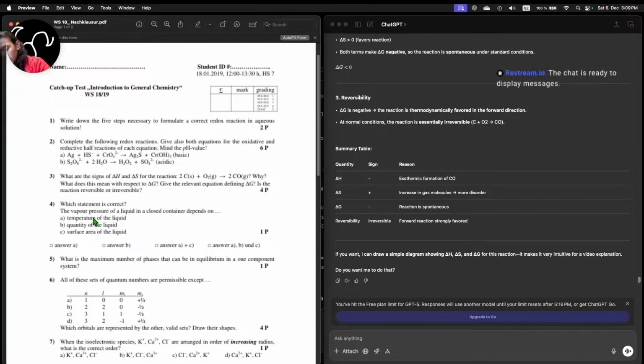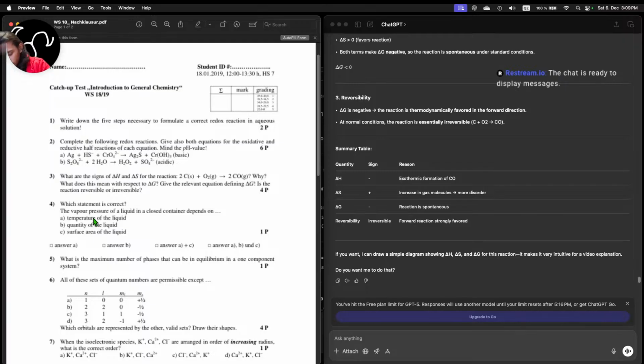So it's a basic reaction now. CrO4 2 minus gives Cr(OH)3. Ag plus HS minus gives Ag2S.